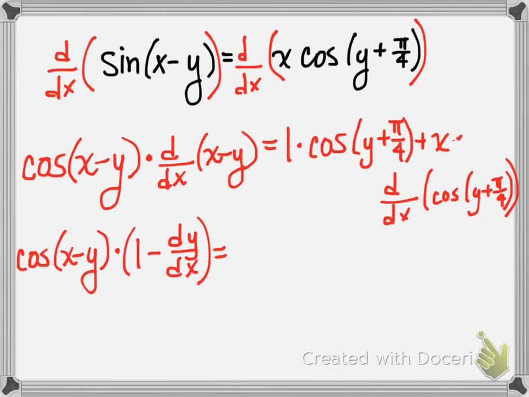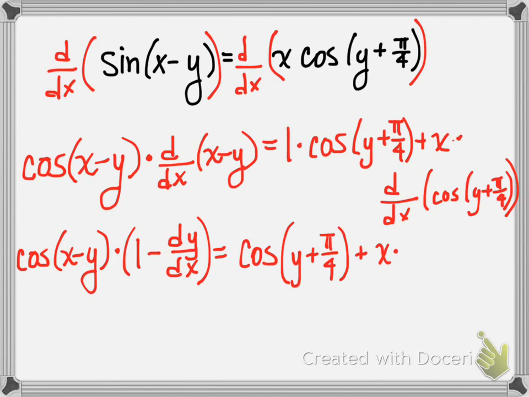Okay, so now I'm going to rewrite this right side and simplify a little bit more. So I get cosine of y plus pi over 4 plus x times the derivative of cosine of y plus pi over 4 with respect to x.